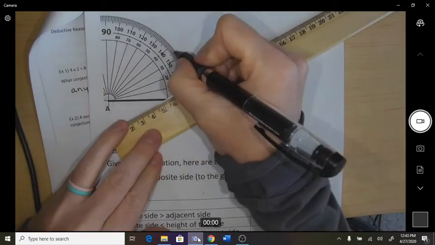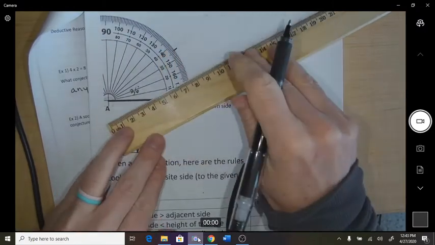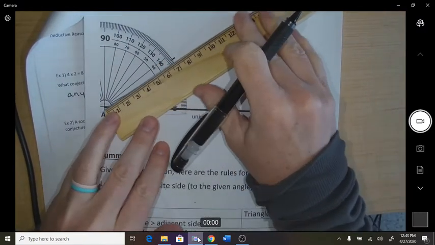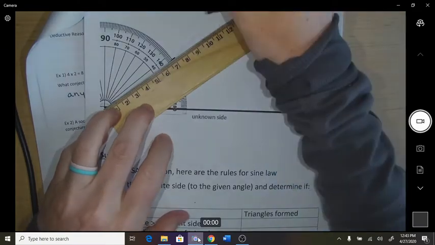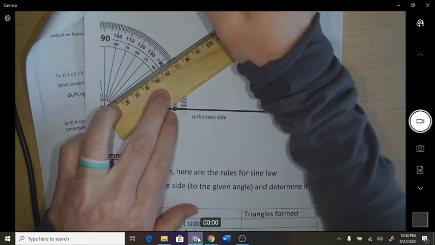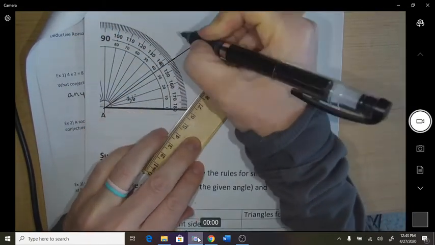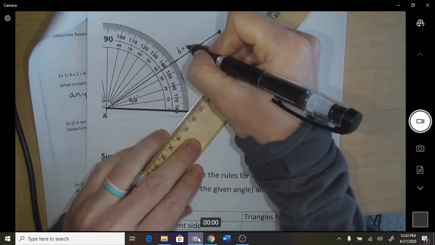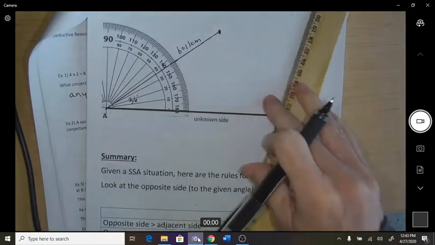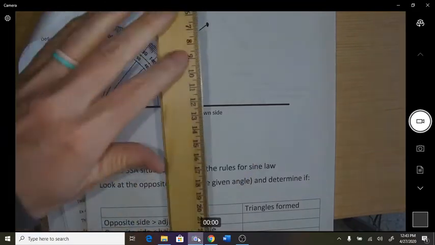Okay, 36 degrees again. And this time I want my adjacent side to be 11. So I'm going to go all the way out to 11. Okay, so now it says to find the height of that triangle.